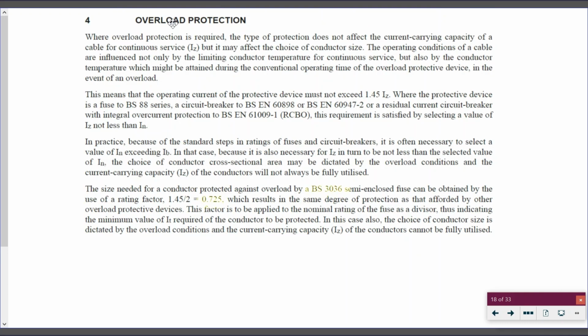If you then skim through from part 3 into part 4 for overload protection, we've got our BS3036 fuse and we've got our rating factor of 0.725 there, okay?